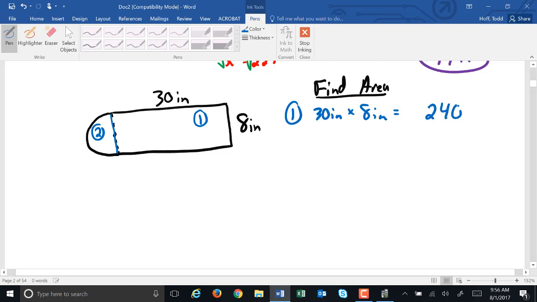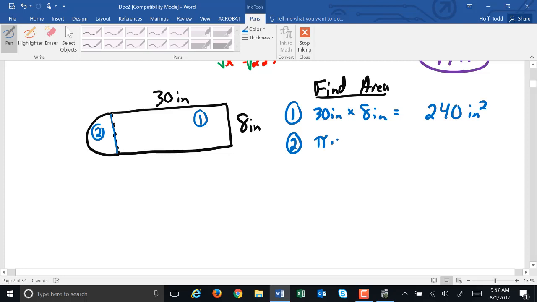So that's 240. And those are inches, so that's inches squared. How about piece 2? Pi times the radius squared.